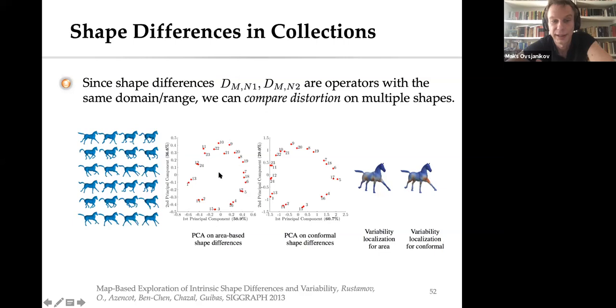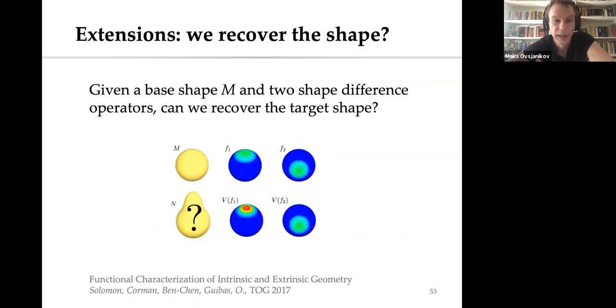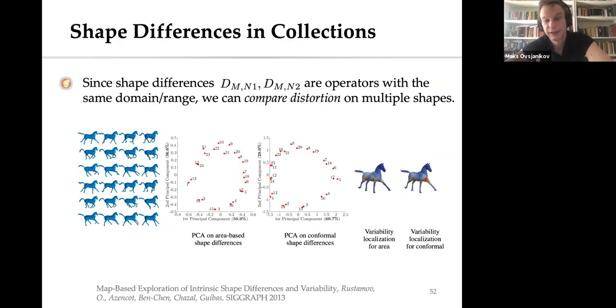So this is actually a circle, so there's a loop structure in the sequence. Also we can find the regions on the surfaces that are responsible for this variability, because we have detailed information about where things change. And so this allows us to highlight the changes. So this is the definition of shape difference operators.